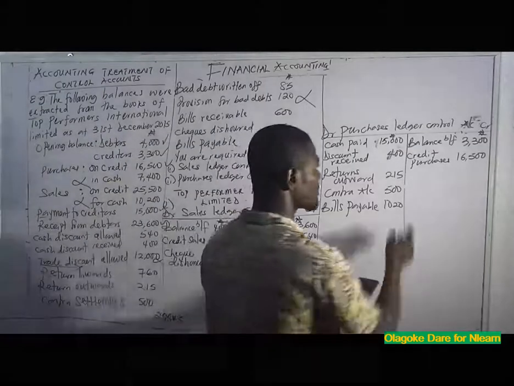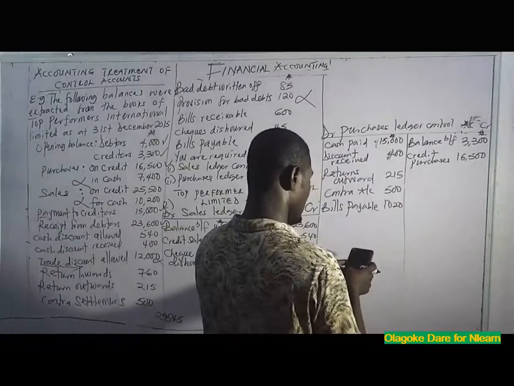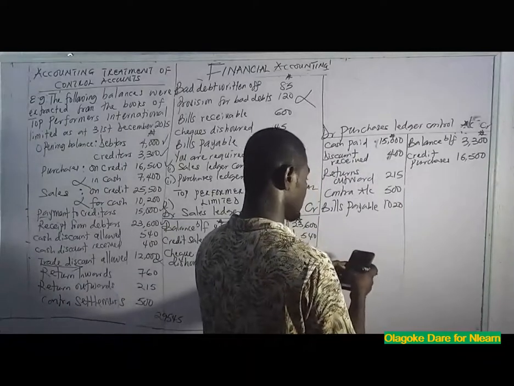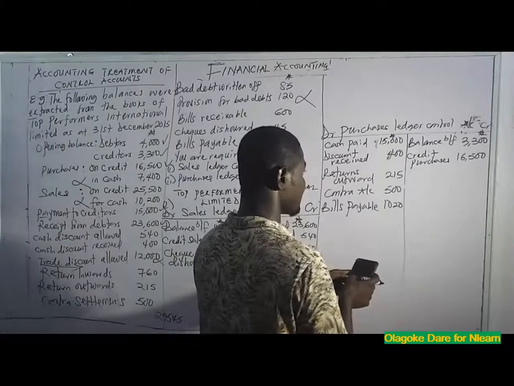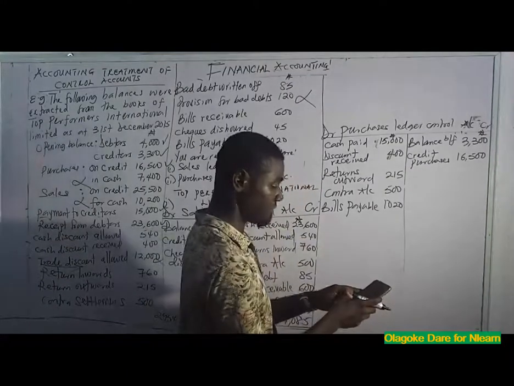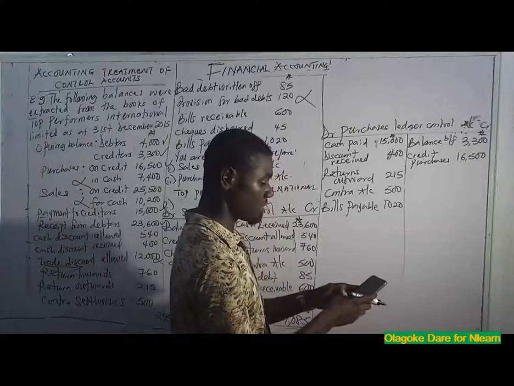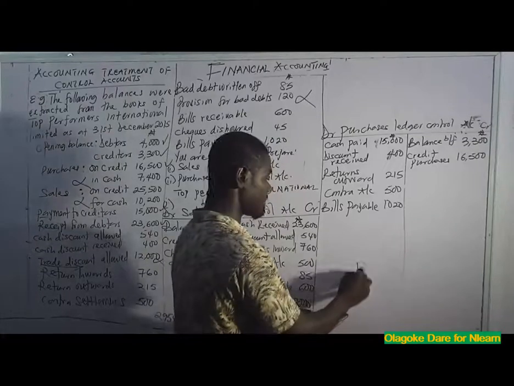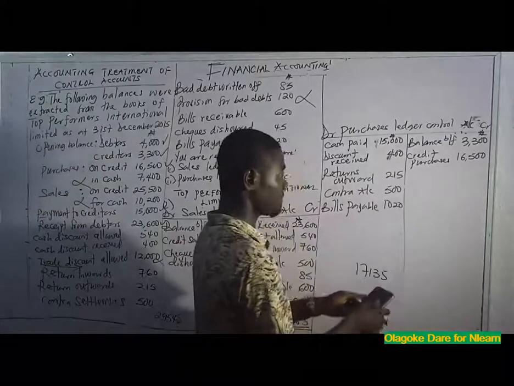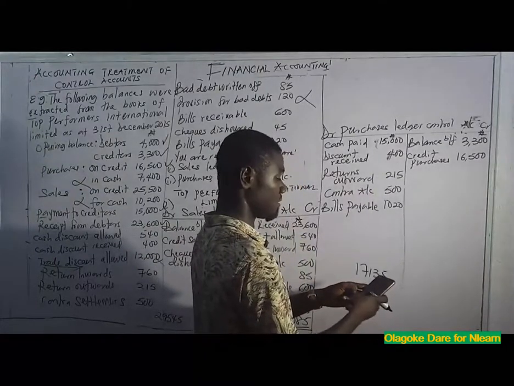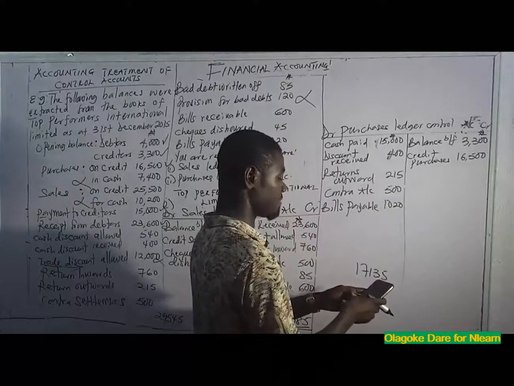Let's determine the total here. We have 15,000 plus 400 plus 215 plus 500 plus 1,020. Here we have 17,135. Let's check what we have here. 3,300 plus 16,500.